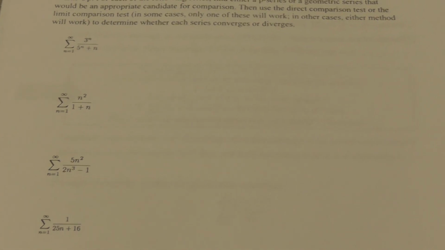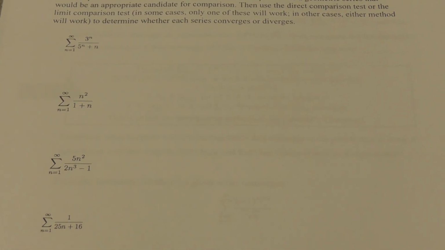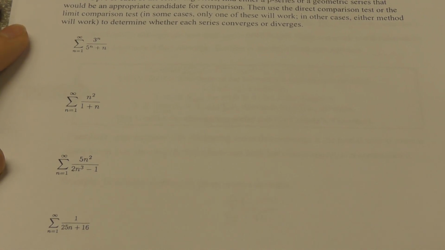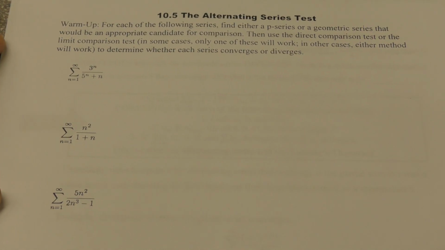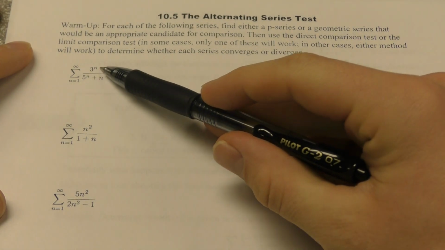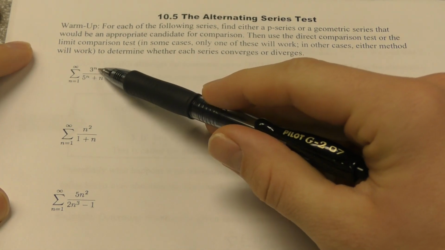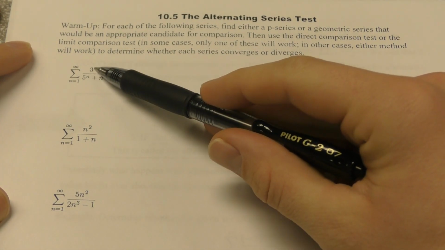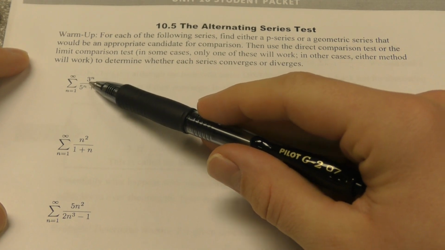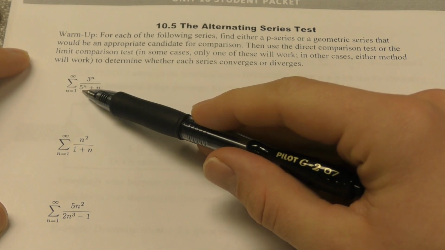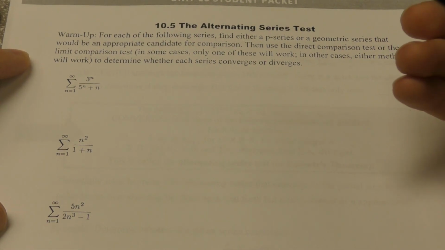All right, let's take a look. So this first series here, I'm seeing 3 to the n over 5 to the n plus n. This looks like it's trying to be something like geometric because we have some number to the n over 5 to the n.